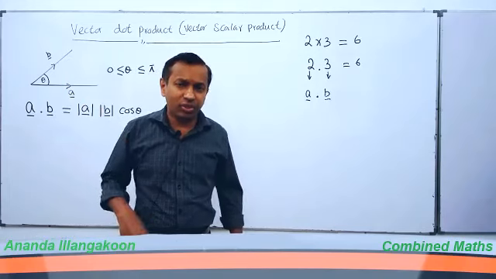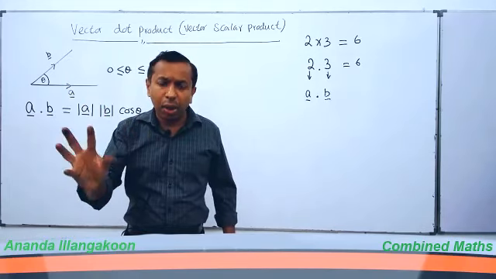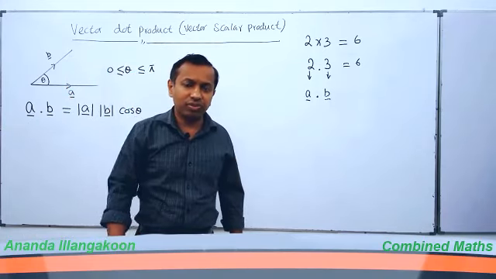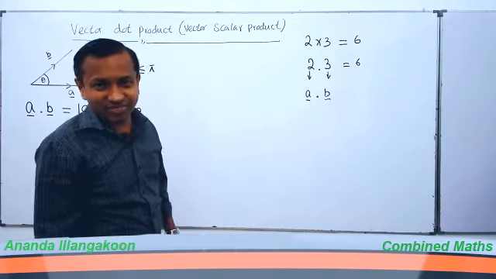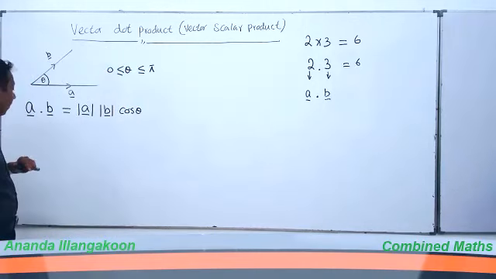It is called the vector dot product, denoted by A dot B, and it is given by size of A multiplied by size of B multiplied by cos theta. That's all. That's the definition. Then accept that. Understood? So this is how we define A dot B.